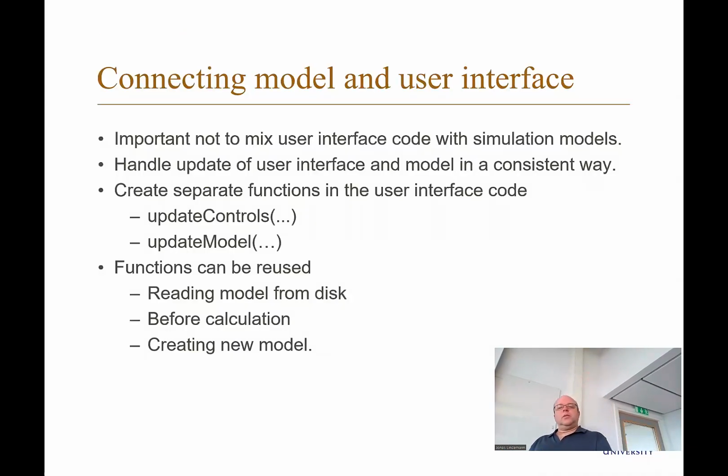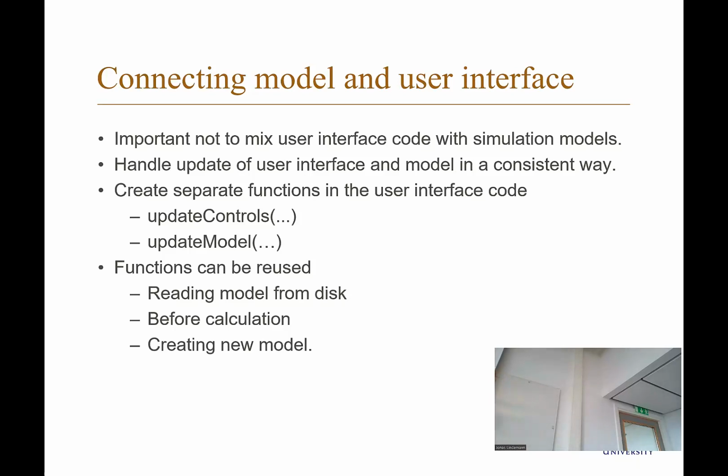So now you have learned some of the controls. So I will try to give you one way of connecting your model and your user interface, because now you have the means to create a user interface using all these objects, but now you have to get the data from the user interface to your model. And what I usually do is I try to collect all my user interface interaction in 2 methods.